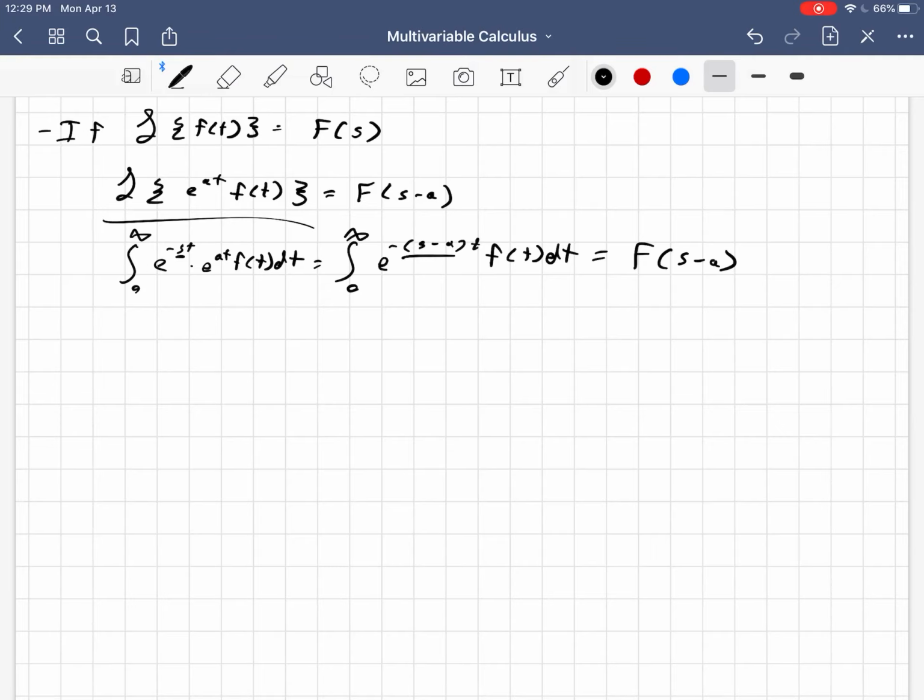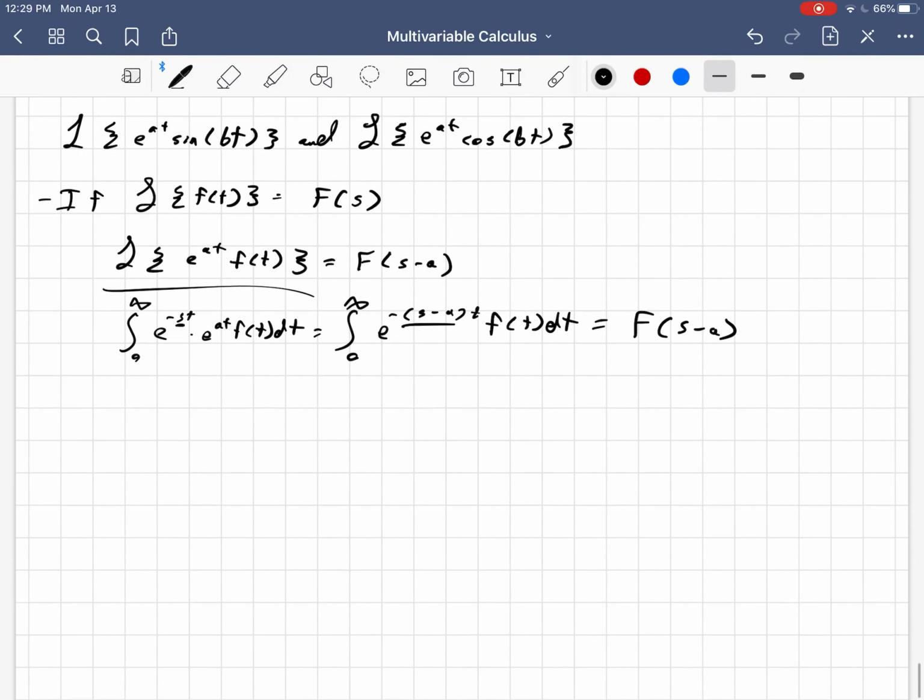That might seem like a really obvious property, but it comes in really handy a lot.